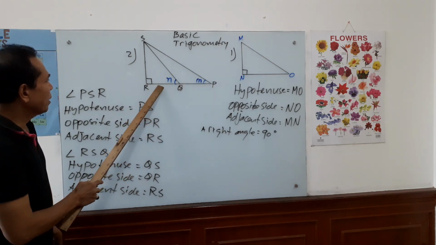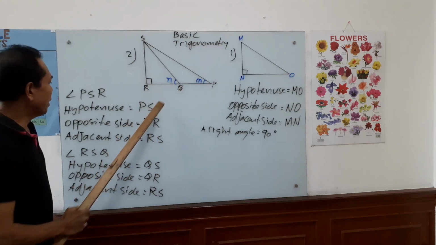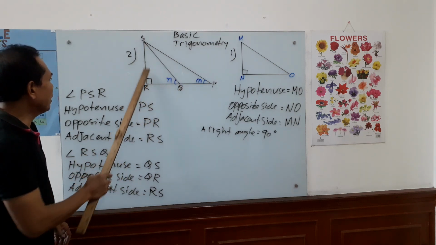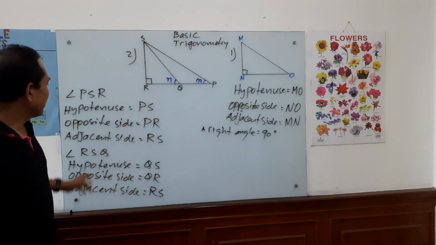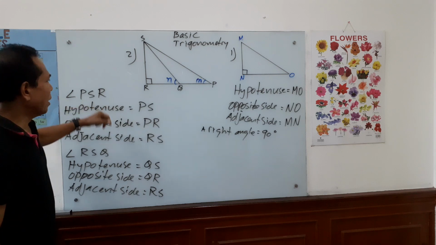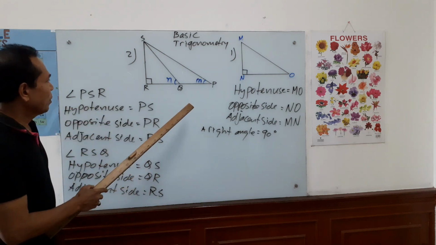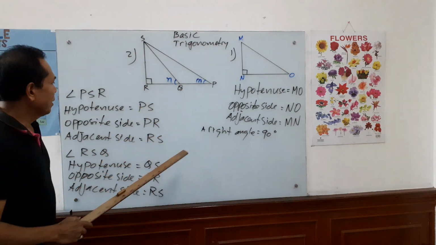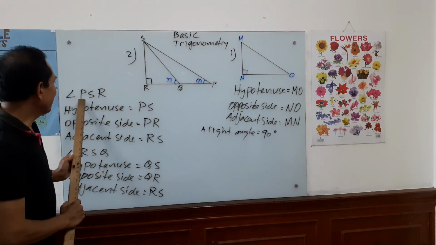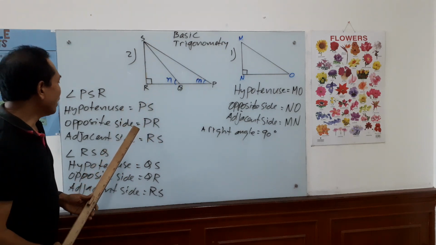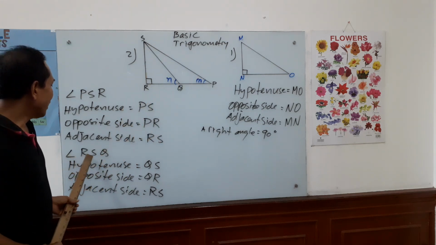And the adjacent side is RS. RS is the adjacent side. When we look at angle PSR. Now we look at angle RSQ.